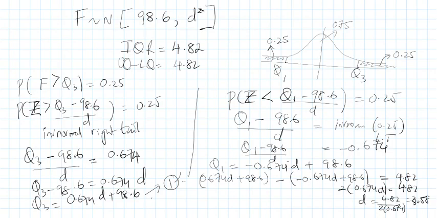Those multiplied together, 0.674 times 2 is 1.348 D. Then the 98.6 is cancelled out. 4.82 divided by this, you should get 3.58.